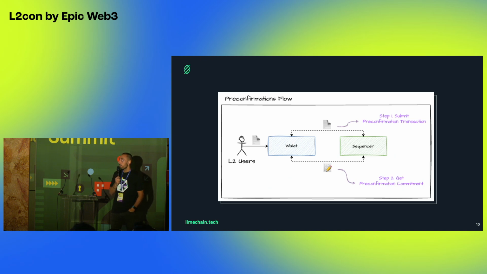It's a two-step system. What we propose is the introduction of new transaction types for rollups, which are pre-confirmation transactions, a new transaction type, as in the EIP 2718 transaction type thing. So new transaction types that are for pre-confirmations.